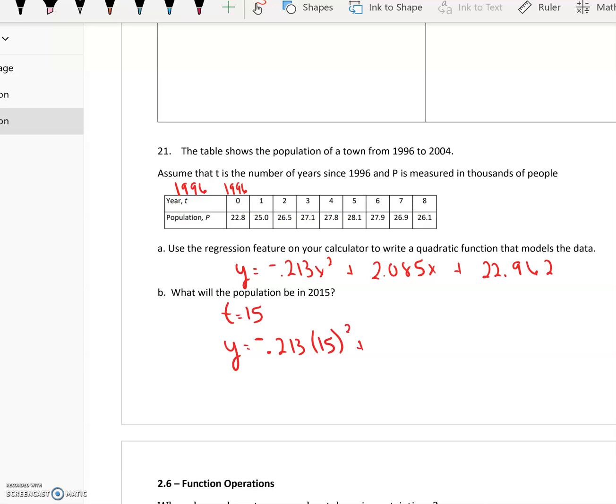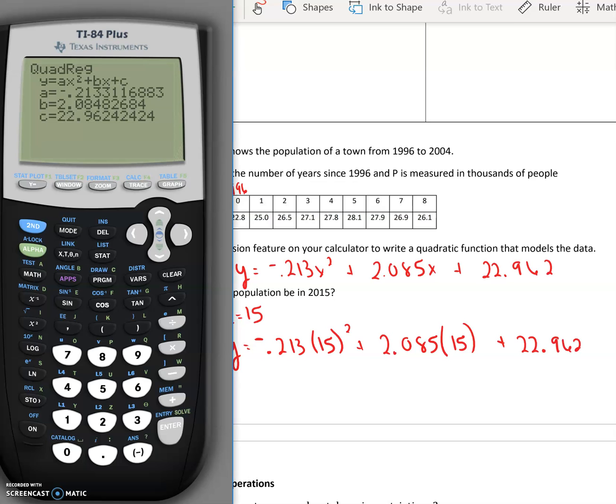So you have a couple of options. The way I'm writing it down right now, you could go to the main screen of your calculator and just type this in, and it will do all the math for you. What I would encourage you to do is to actually go back to your graphing calculator and type your equation in.